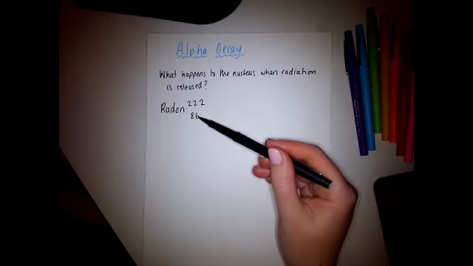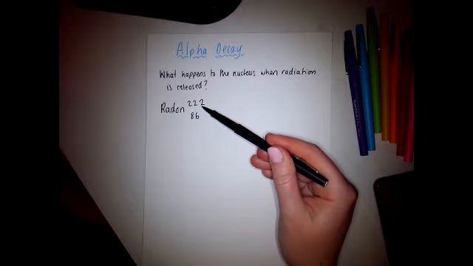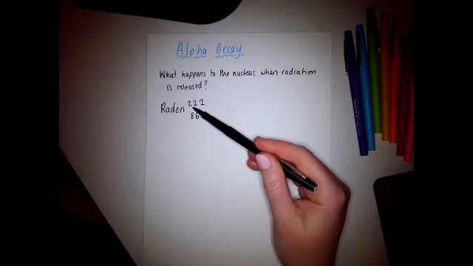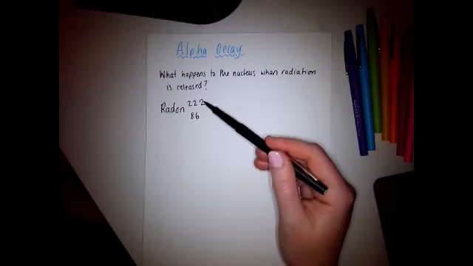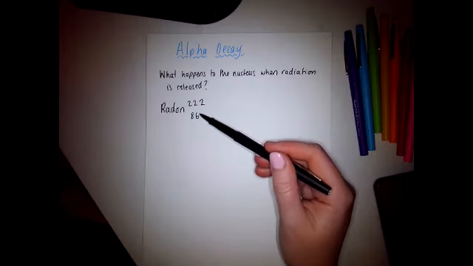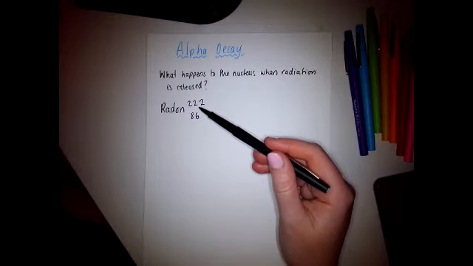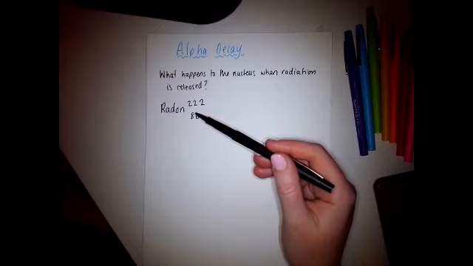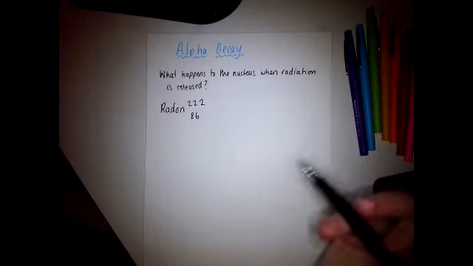So what you should be able to see there is that there's a very big difference between the 86 and the 222. It tells you it has a very large number of neutrons, so the ratio between the protons and neutrons is really large. That instantly tells you that it's going to be an unstable element. It's unstable, it's radioactive, and it's an alpha emitter.